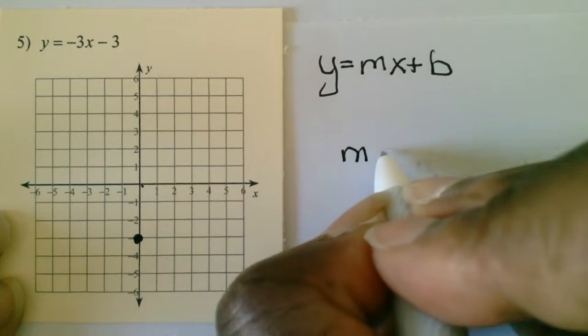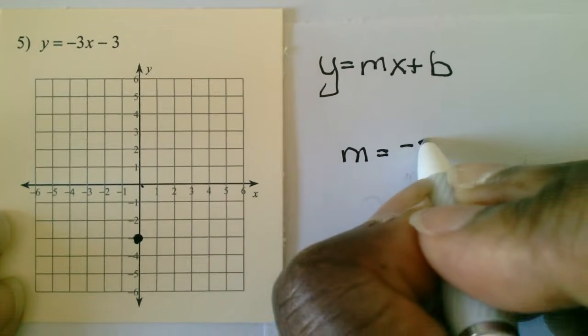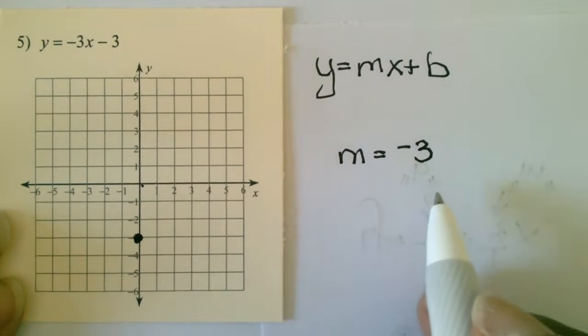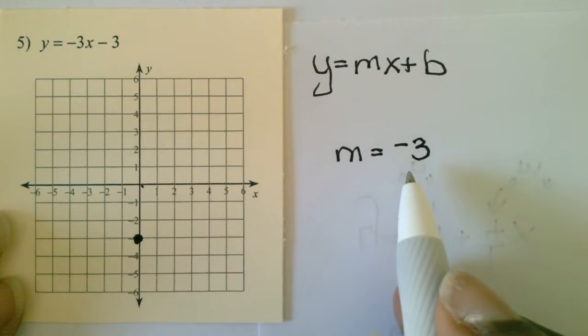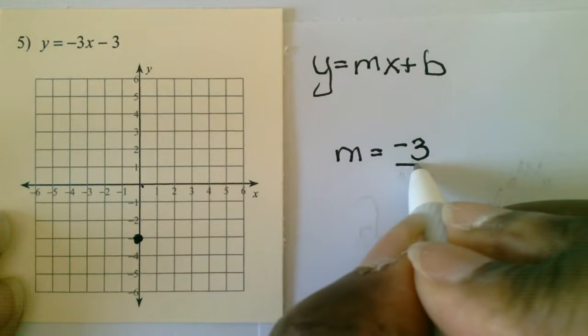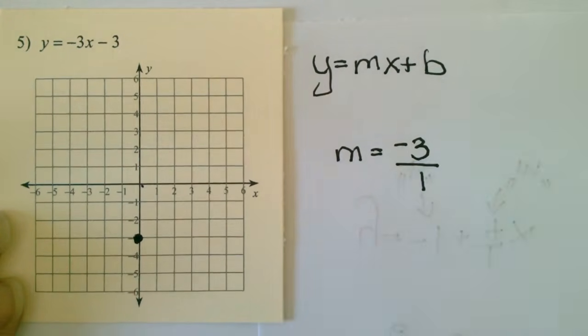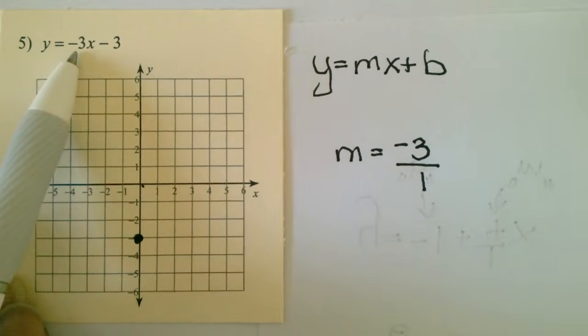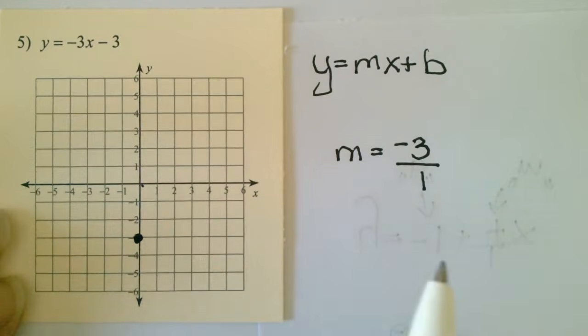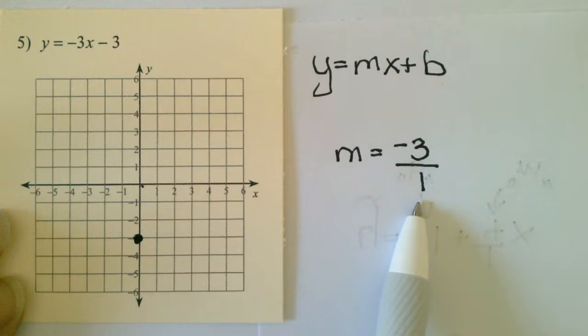But we're saying that we need it to be a fraction. So how can I make this into a fraction without losing its value? I'm going to put it over 1. Okay, so just the m is going to be your slope. So anytime you have a whole number that's adjacent to your x, we're going to make that into a fraction by putting it over 1.